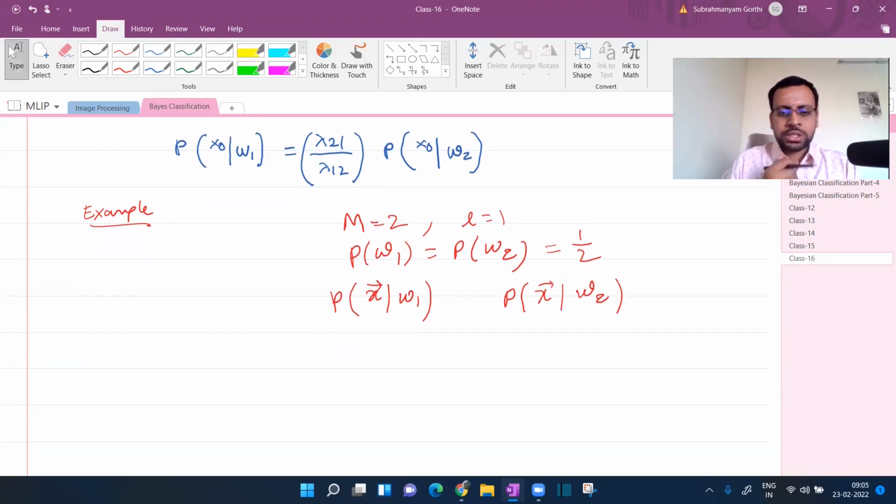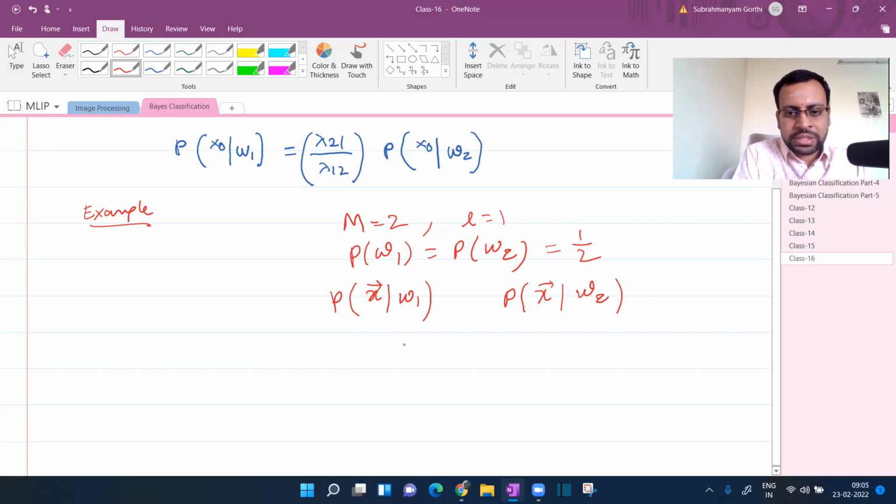And these distributions we have to specify. Let us assume that these are Gaussian distributions with, let's say, the variances of both the distributions equal. Let's take sigma 1 square here and sigma 2 square here as 1 by 2.